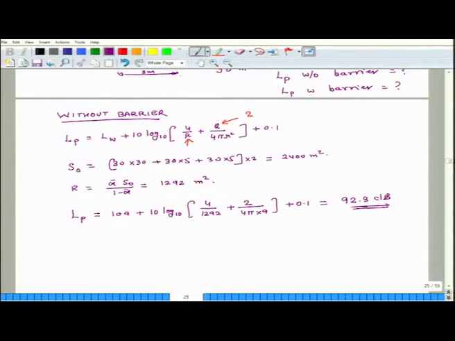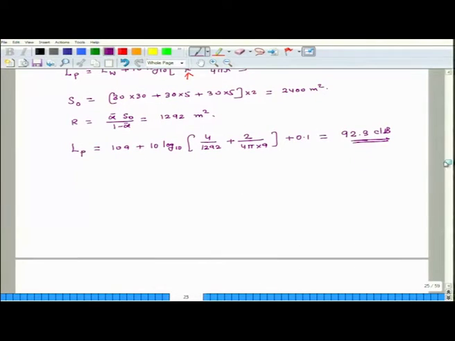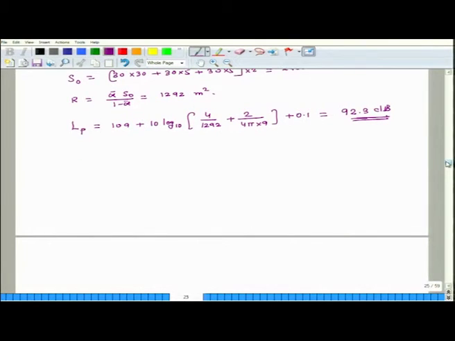So, again this is a very high sound pressure level, we do not like this at all. The person will go deaf if he gets exposed to this pressure level for extended periods of time. So, we want to reduce it. So, our next job is with barrier.